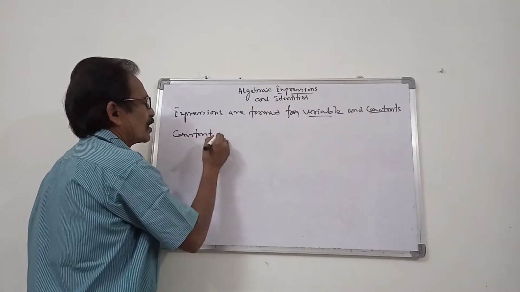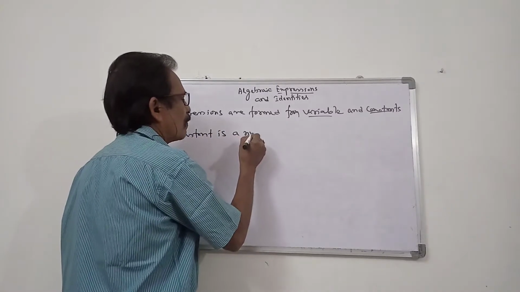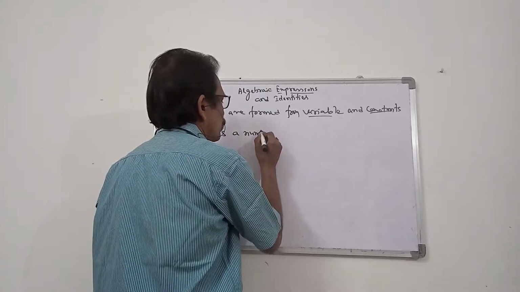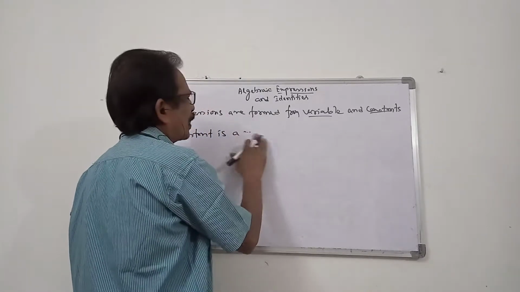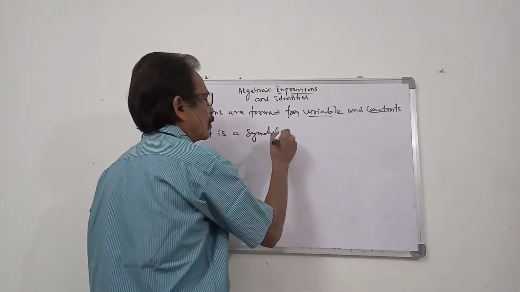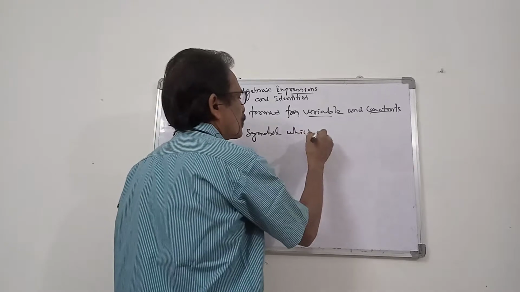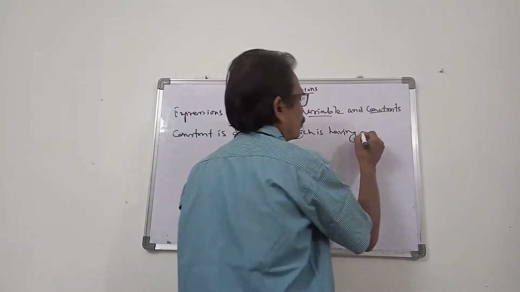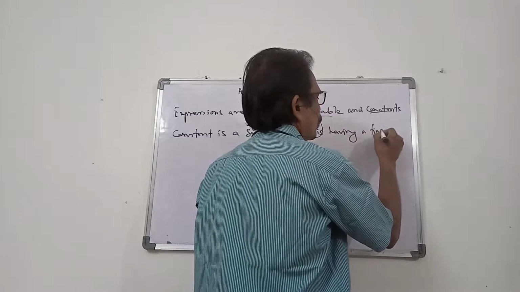A constant is a numerical value, a number, or a symbol which has a fixed value.